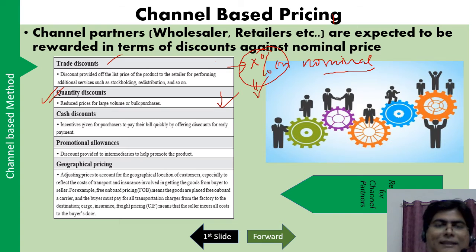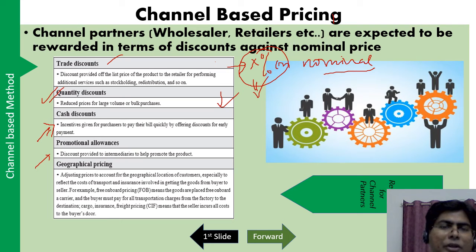As a result, you are giving them volume discounts. Sometimes you charge them lower because they pay you cash rather than using credit. So you can set your price in such a way that it includes the cash discount as well. Sometimes you can create different prices only for promotional purposes, right?